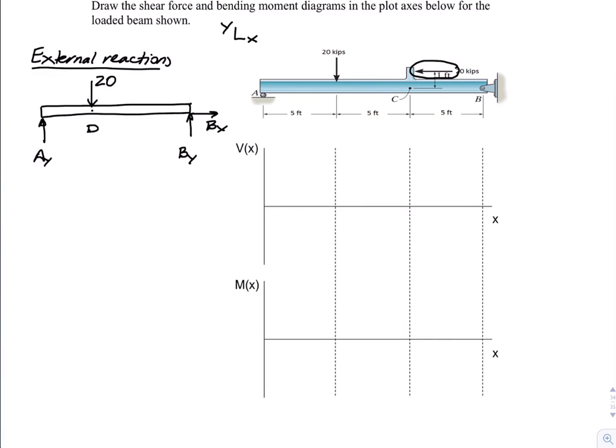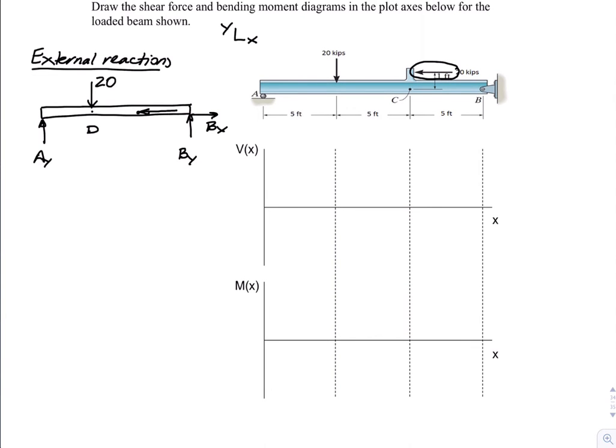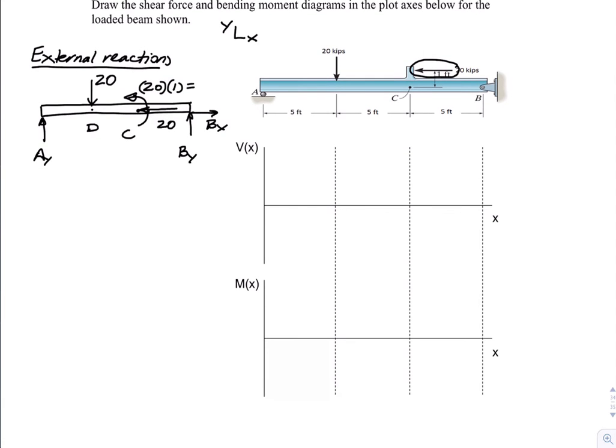In other words, I'm going to move that force completely down here to point C. So that's going to be 20 kips, provided that I put the couple here of 20 times 1. The distance I'm moving it down is 1 foot.